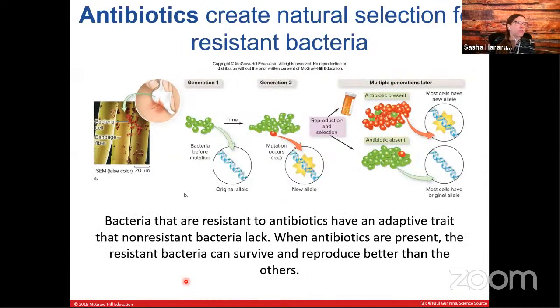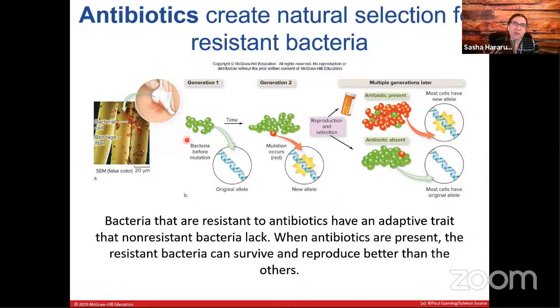So I wanted to touch on this as a natural selection example. Antibiotics create natural selection for resistant bacteria. For instance, if a population of bacteria exists for a certain amount of time, it mutates.